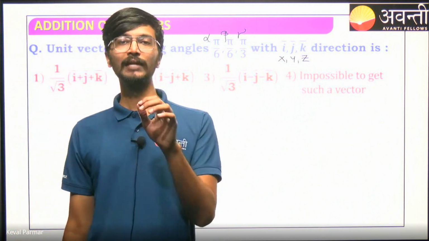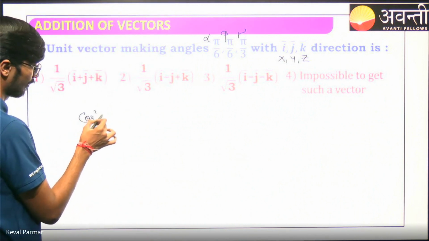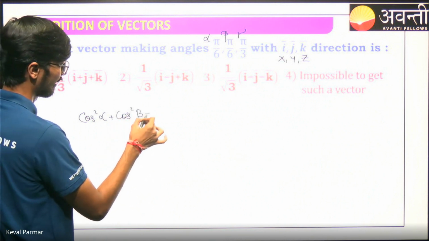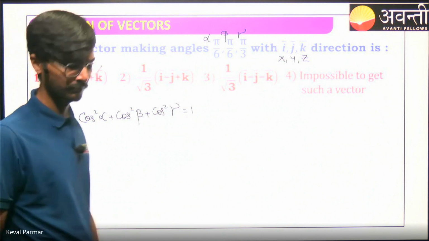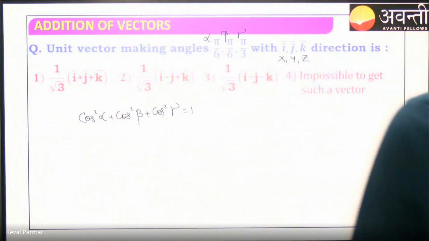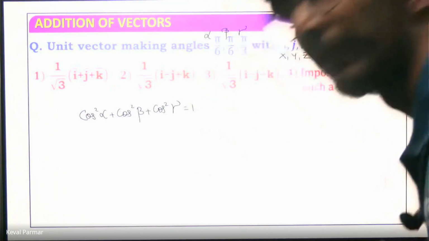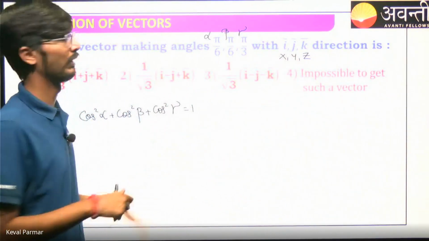And we know by the formula of direction cosines, cos square alpha plus cos square beta plus cos square gamma equals 1.